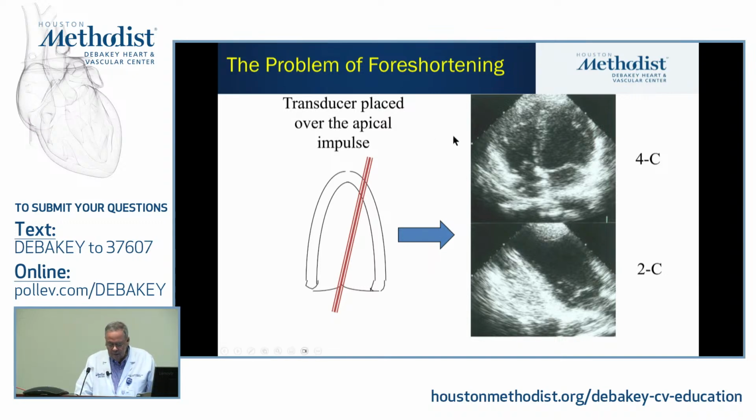And therefore, the apex you see in the four chamber is a pseudo apex. It's not a real apex. And you can see that this cavity looks a lot smaller than here. So that's an important one, because that happens a lot, particularly when we are doing portable studies.